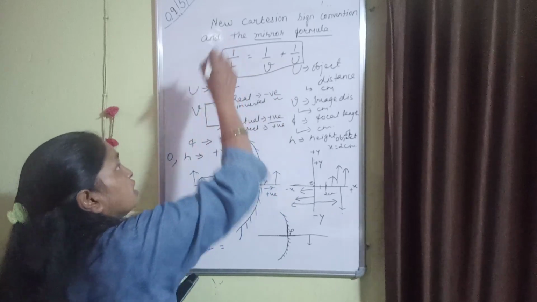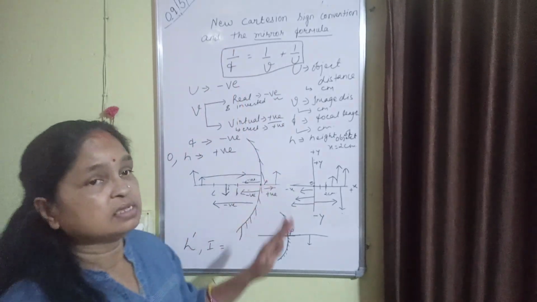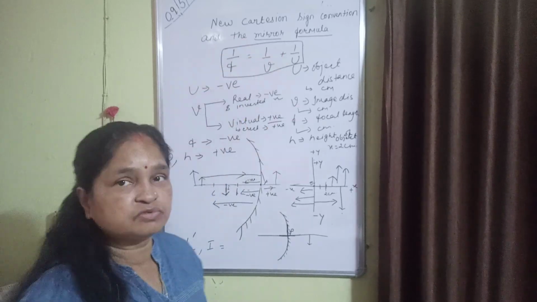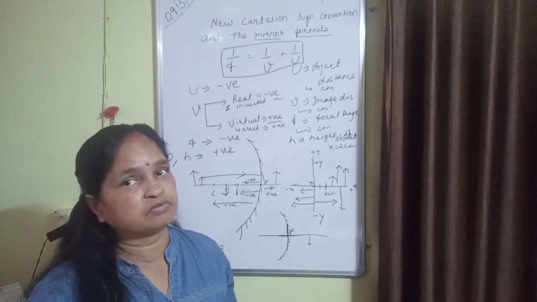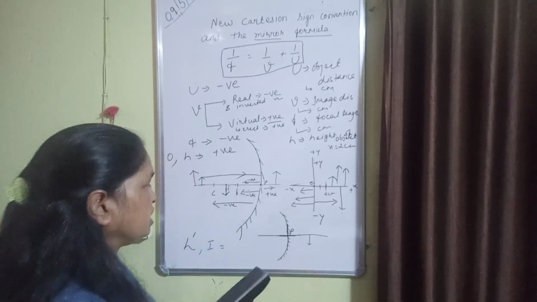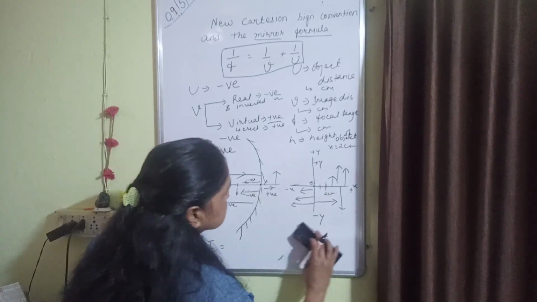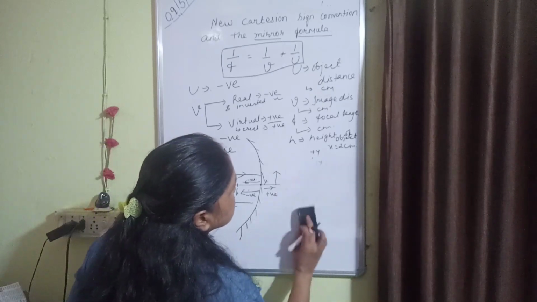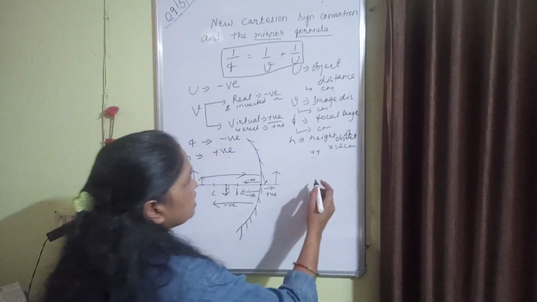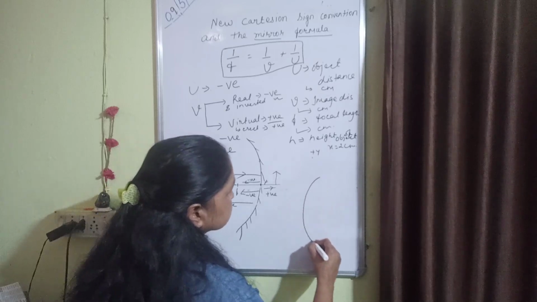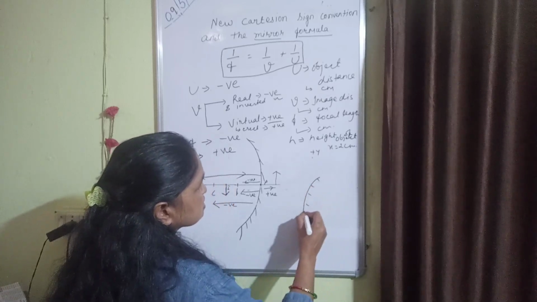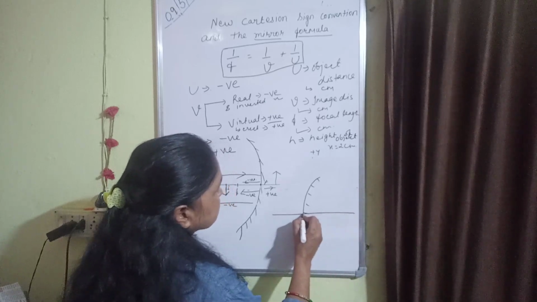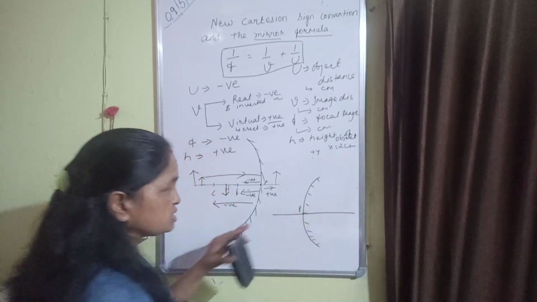But students, I have taught you only the sign convention for the concave mirror. Then what will be the sign convention for the convex mirror? Again, I am showing you, it's very easy. I have drawn this convex mirror. I have drawn the principal axis, and this is the pole from where we are measuring.